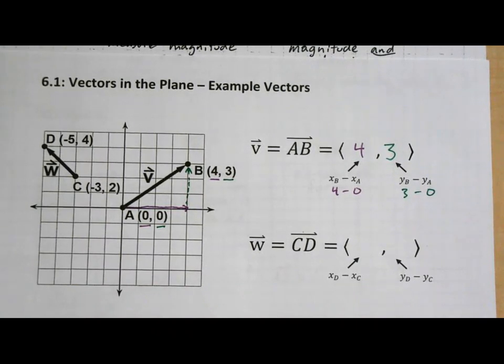So could you guys go ahead and find components for me for vector w? Same idea. Make sure you're using the coordinates and make sure you're doing them in the order that's indicated.